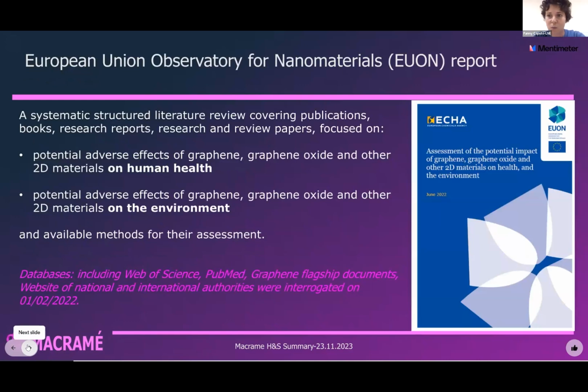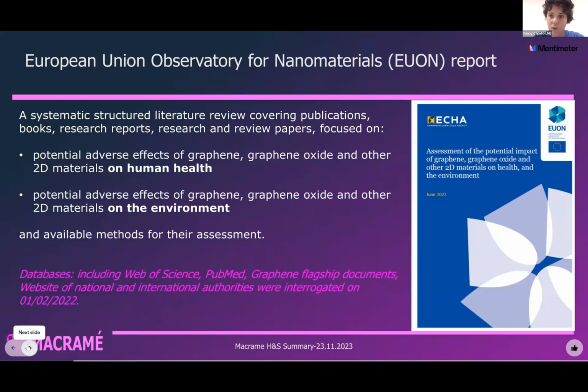As I think you may all know, the European Union Observatory for Nanomaterials, the EUON, published together with ECHA a very comprehensive report in 2022, constructed as a really systematic and structured review of the literature, focusing on the potential adverse effects of graphene related materials, for different types of graphenes, including graphene, graphene oxide and others, on both human health and the environment.